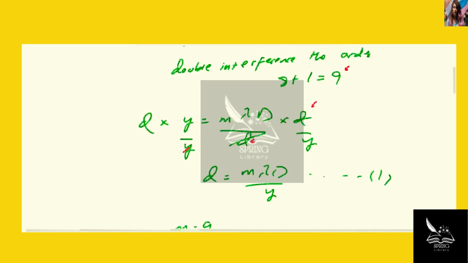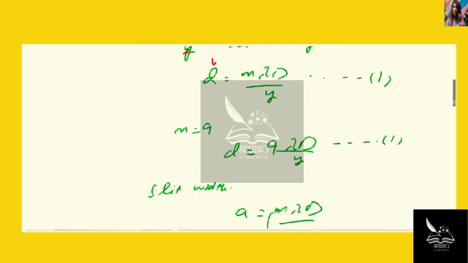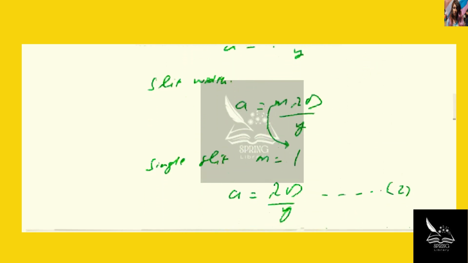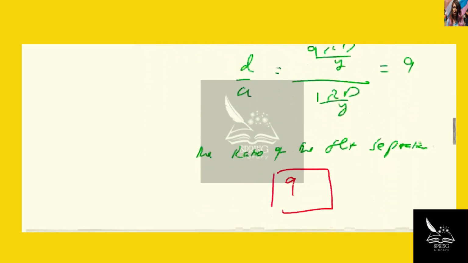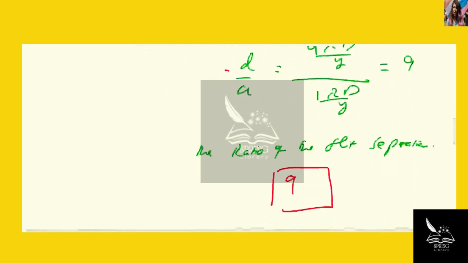And also the y's are canceled out. So you solve for d. That's the first equation. And we know that m equals 9, so we plug in. Then in the second equation, we know that m equals 1, and that gives us the width for a single slit. And then we get the ratio: d over a is the same as 9 if you simplify it.